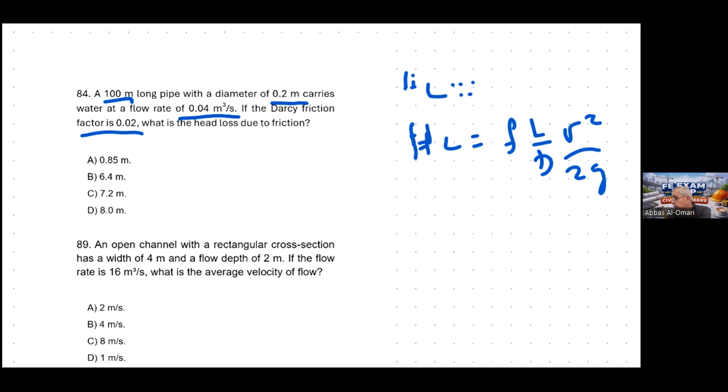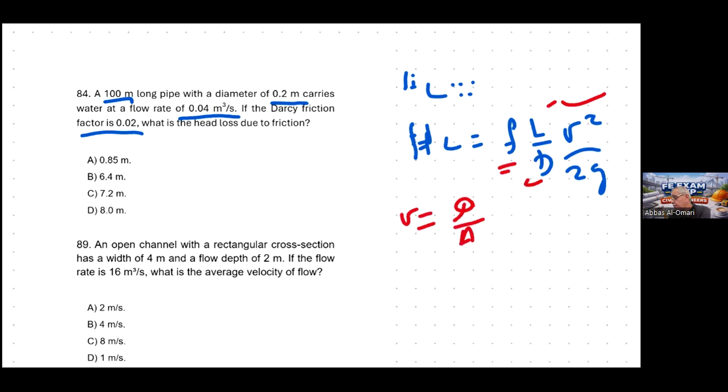So we simply apply it. We know the friction, the length and the diameter, so we can determine the velocity. Velocity equals Q over A. We know the flow, which is 0.04.